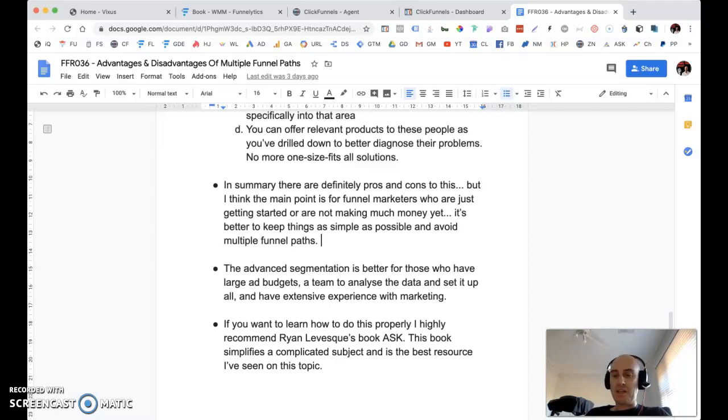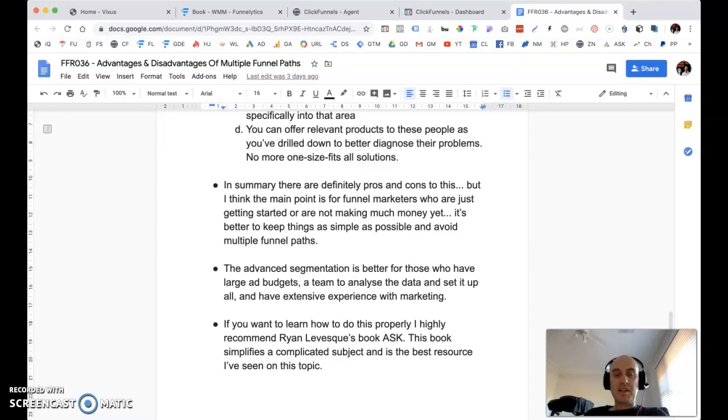I haven't actually managed to set one up myself yet. It is complicated and it does require effort and work and focus. It also requires spending a decent amount on traffic and following the whole system properly.